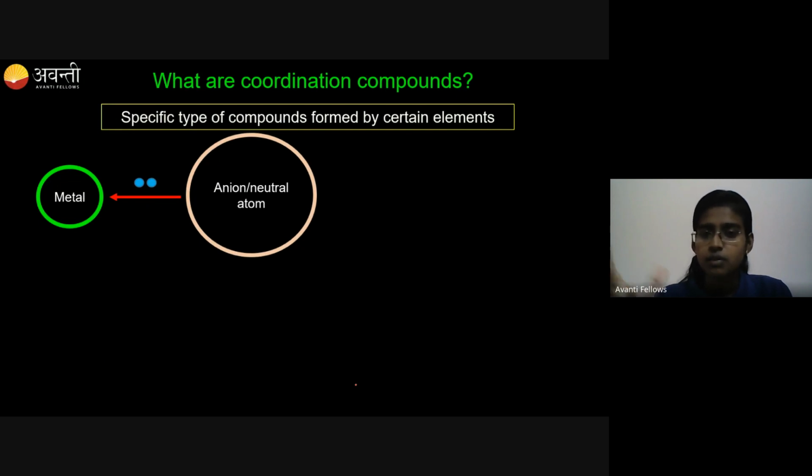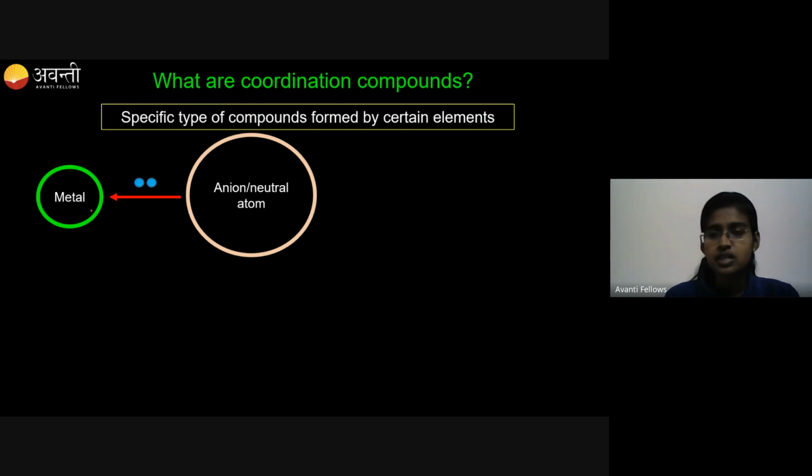The other atom can be a neutral atom or it can be an anion. This anion or the neutral atom comes with its electrons and forms a bond with the metal. So now this metal and this particular atom, both together, are called coordination compounds.